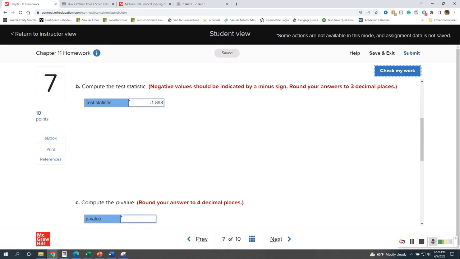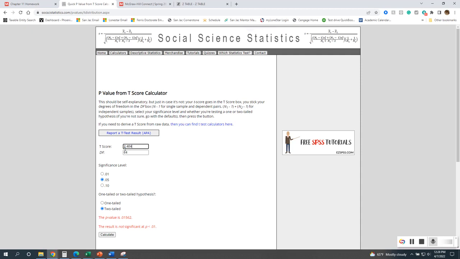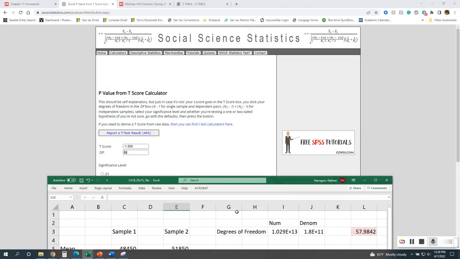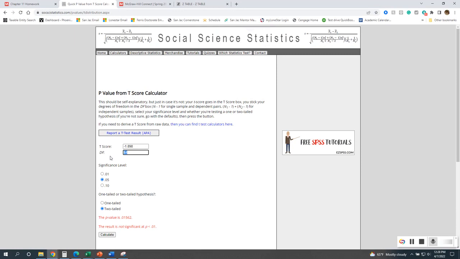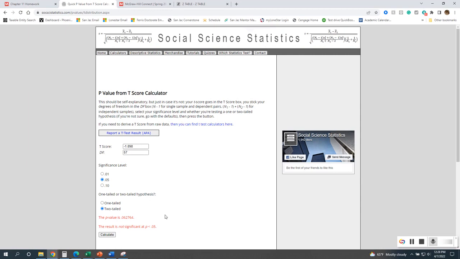Here, we're going to look at our calculator. So, negative 1.898, and according to our degrees of freedom, we're looking at 57. And this calculates to 0.062764.